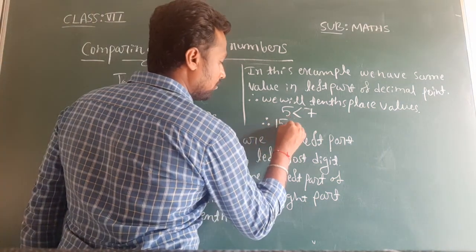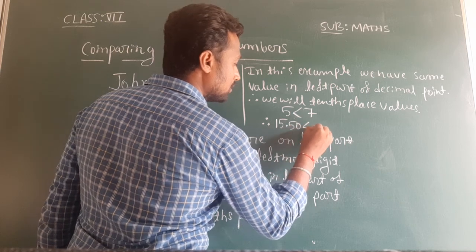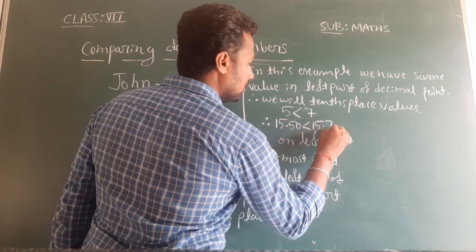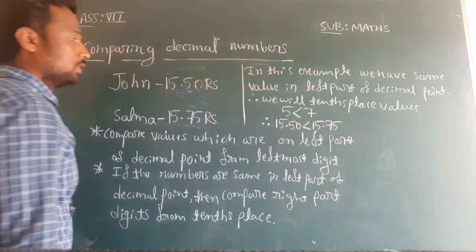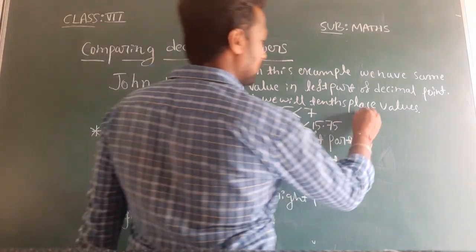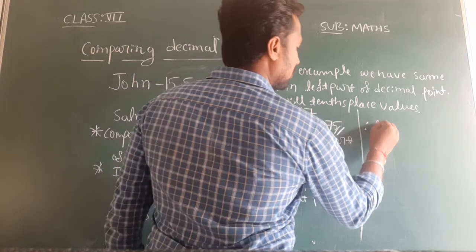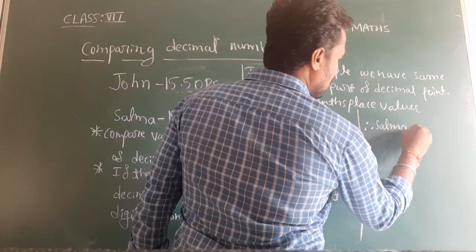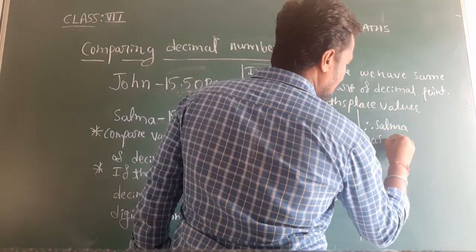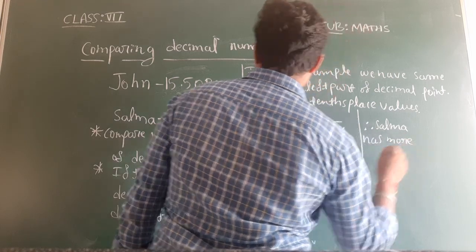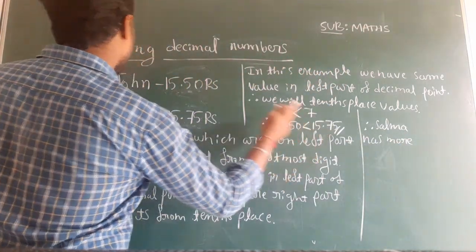So I will write 15.50 is less than 15.75. Okay, now below this you should write, therefore Salma has more money, because 15.75 rupees.